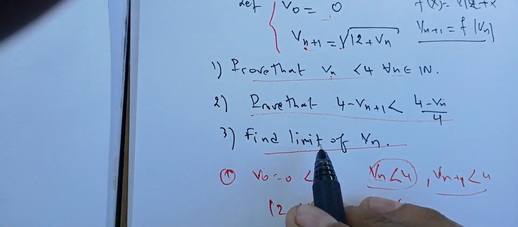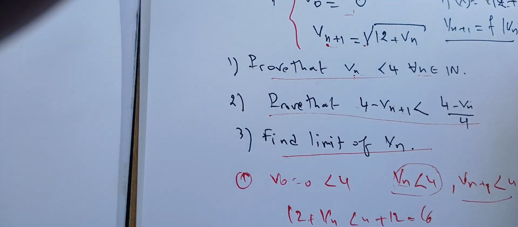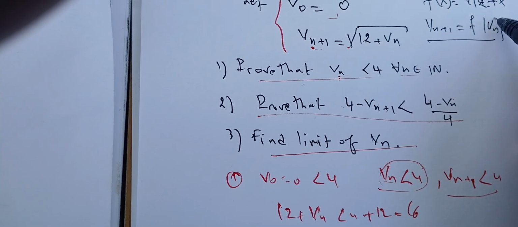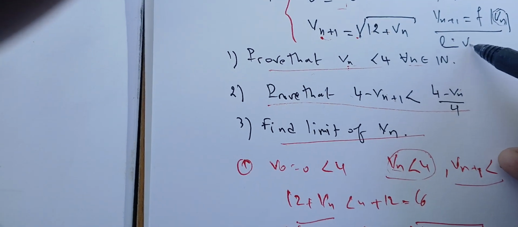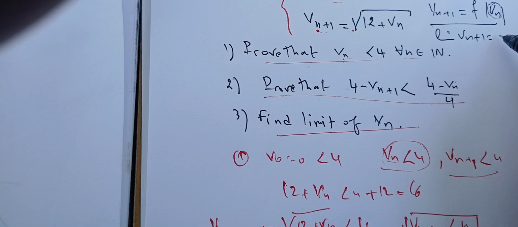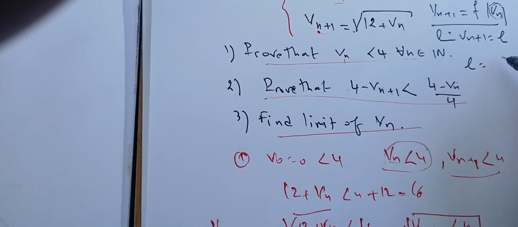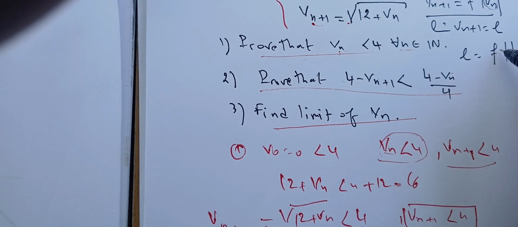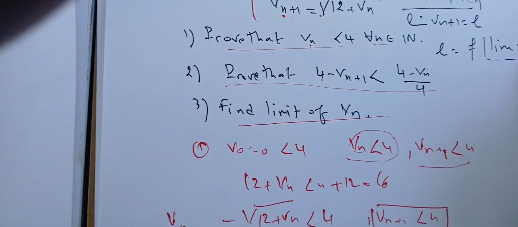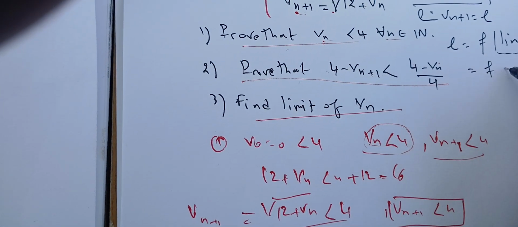When we assume that the limit exists, the limit of Vn+1, which we call L, is going to be f of the limit of Vn. Because f is continuous, we can bring the limit inside. So this is going to be f of L.